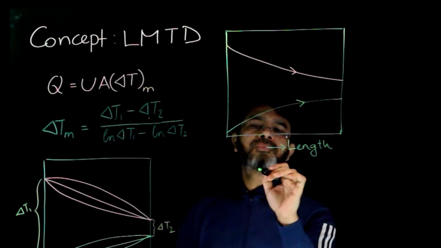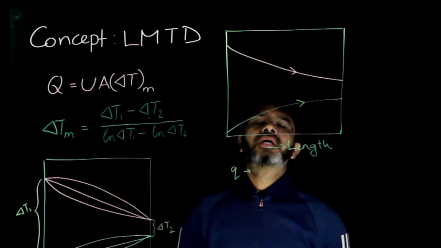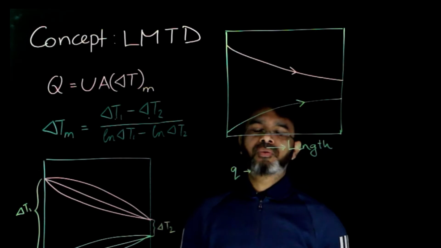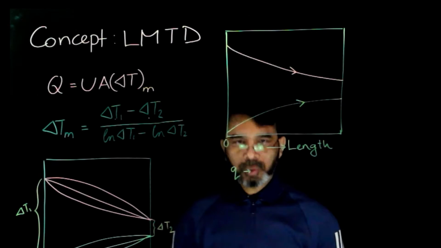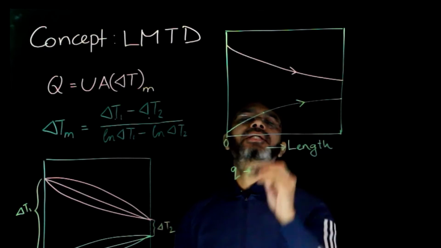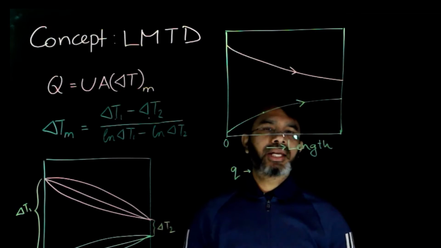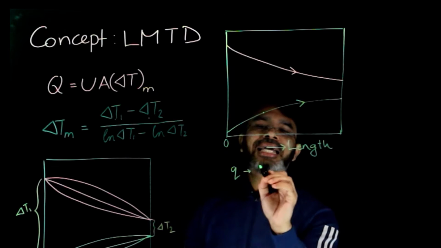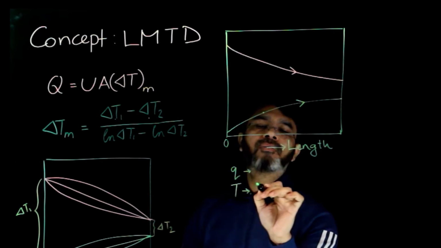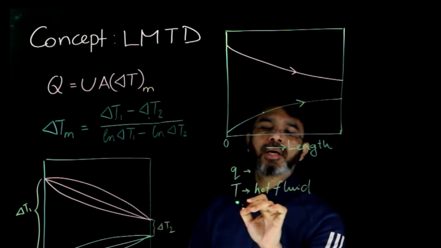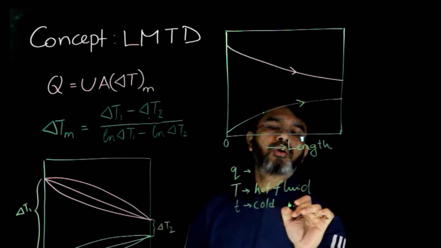We'll use q to be the total heat transfer between these two fluids from one end to some point in the heat exchanger. We'll use capital T for the temperature of the hot fluid and a small t for the temperature of the cold fluid.